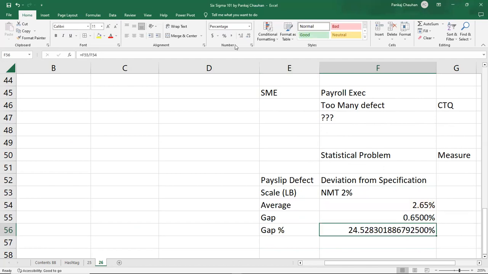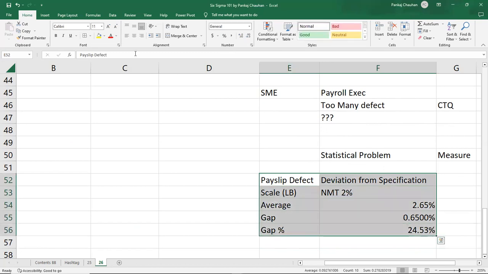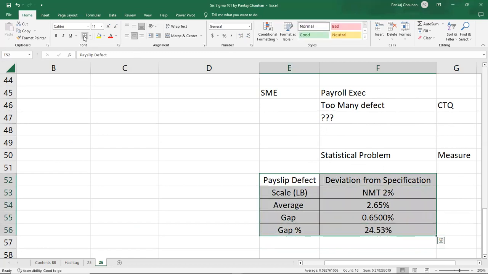So that will be around 25% nearly improvement I will be doing in my process. And this will become your measure phase problem statement or the CTQ, that you have to reduce the payslip defect from 2.65 to 2%. We'll be developing a project charter on this, which you are going to learn in the next session. Till that time, take care and I'll see you in the next session.